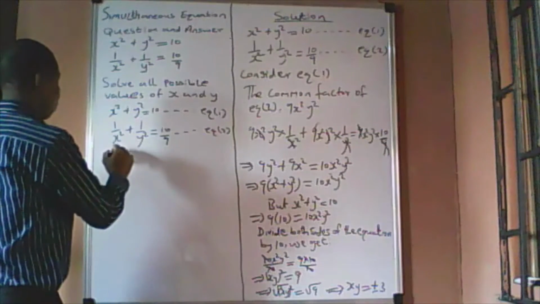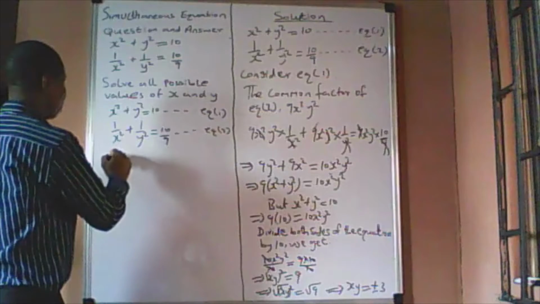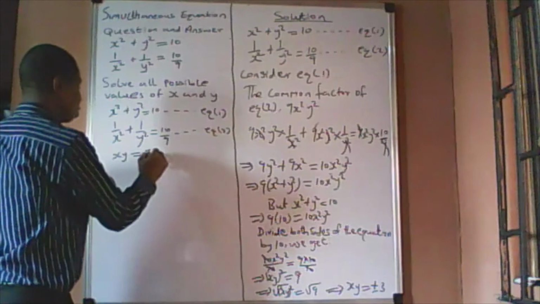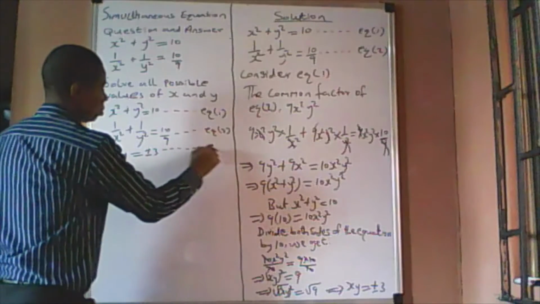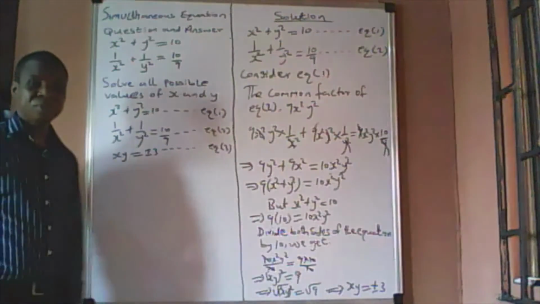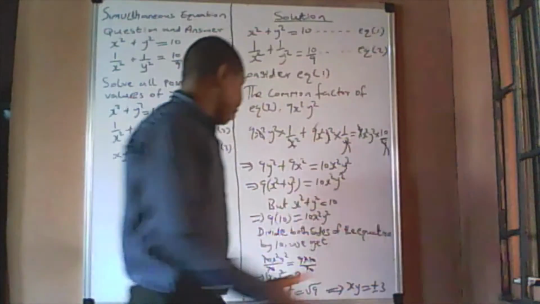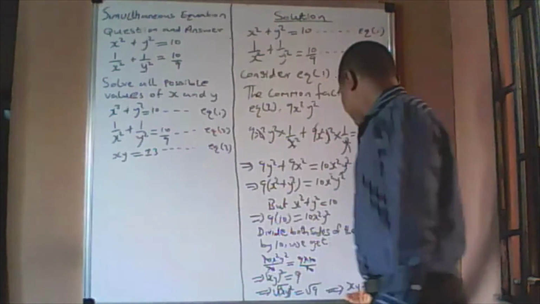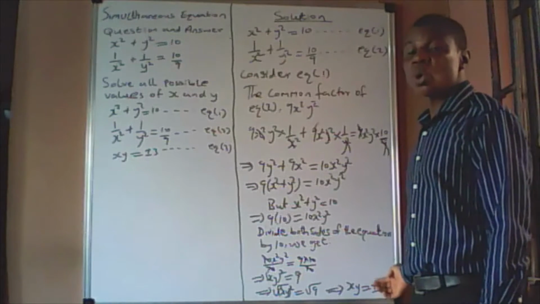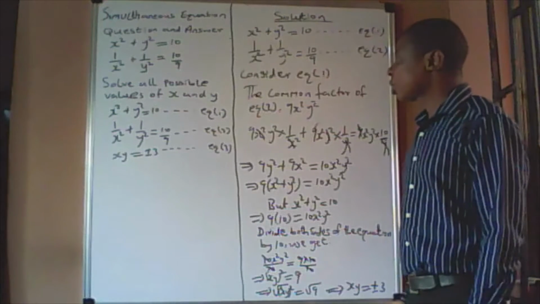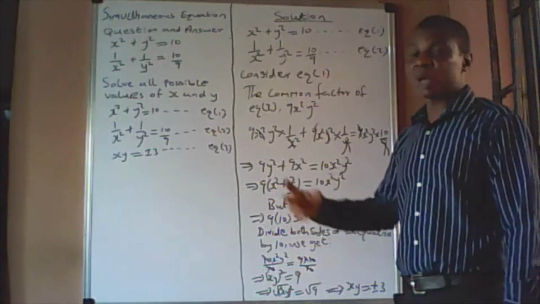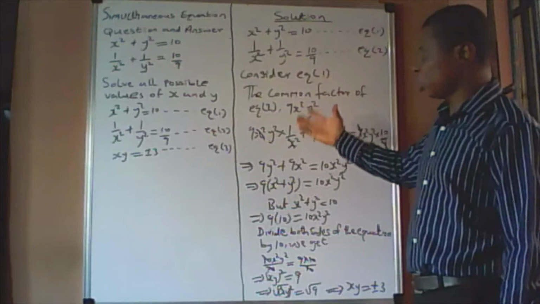We then have xy equal to plus or minus 3, equation 3. Now we have derived x times y equal to plus or minus 3. I'm going to use it now to derive other formulas which we are going to use to solve the rest of the equations.